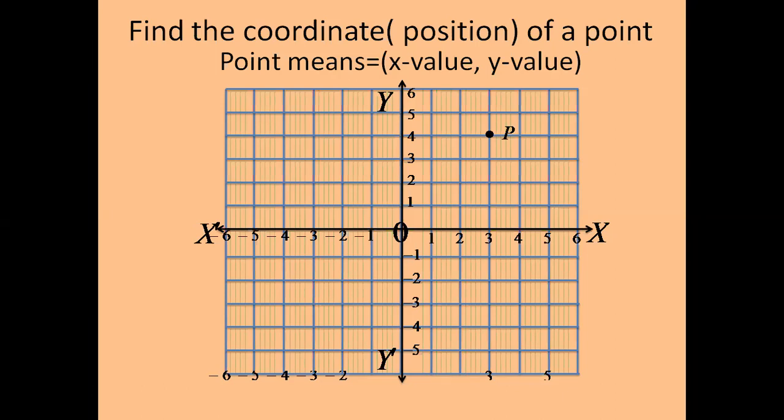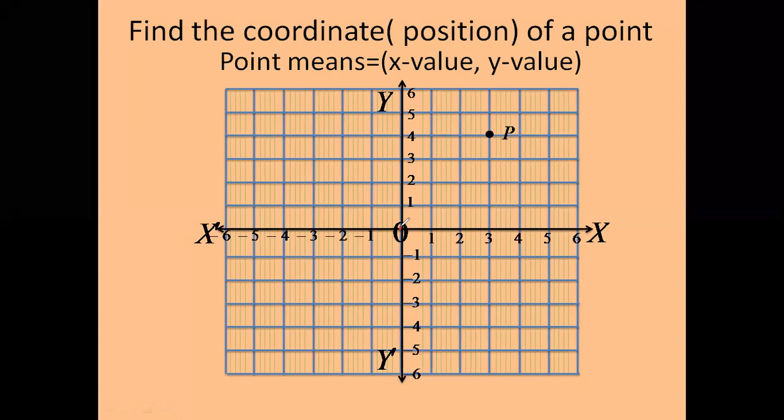Along the x-axis, you have to find the x value of P. Similarly, P has the y value along the y-axis, which you have to locate. Now I will show you how to measure it. To go to the point P, you always have to start from the center point.